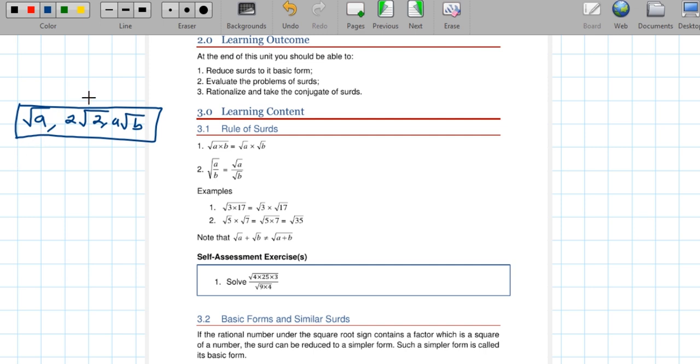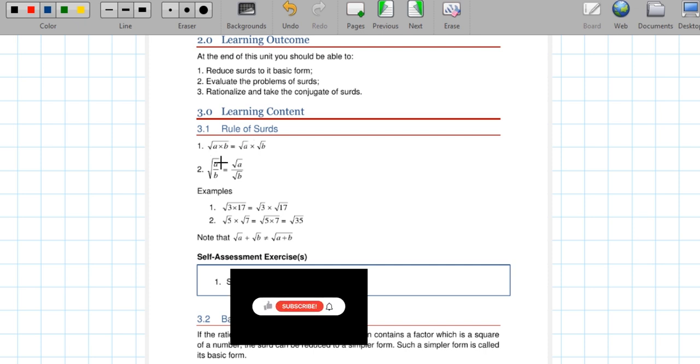So there are some basic rules relating to surds, and as we solve further you are going to be seeing much of those. But we have two basic fundamental rules here, which are multiplication and division of surds. For instance, the square root of a times b is equal to the square root of a times the square root of b.